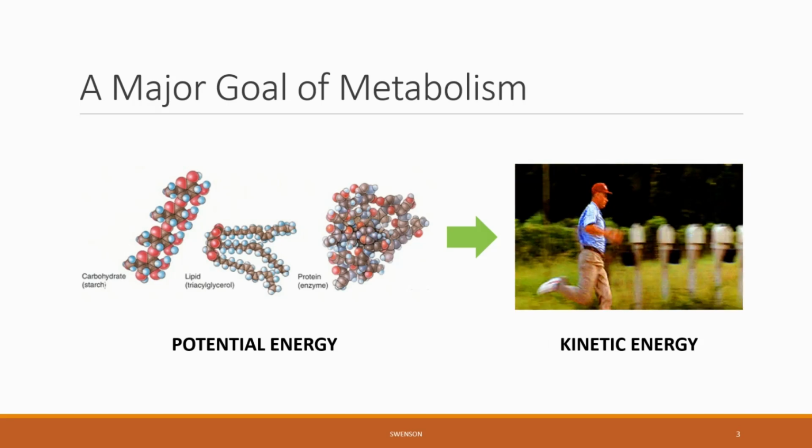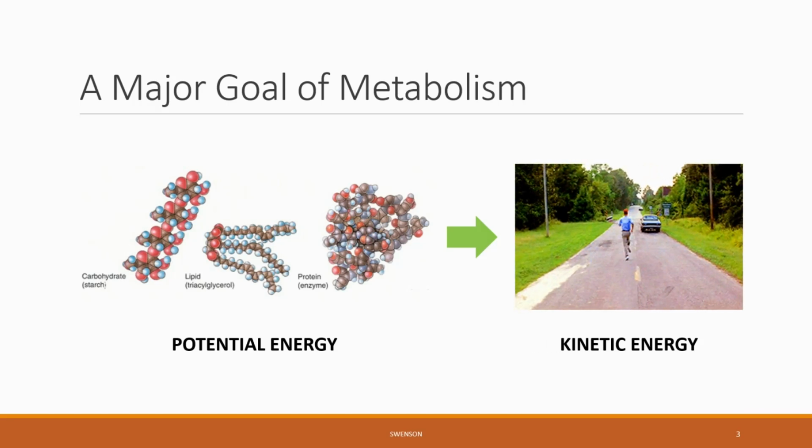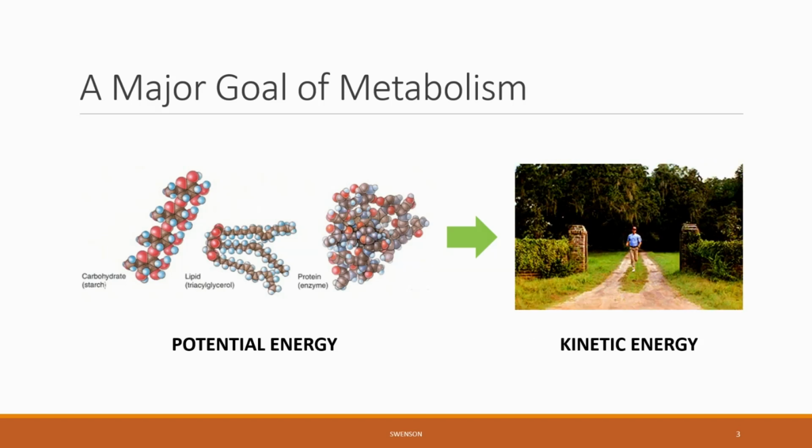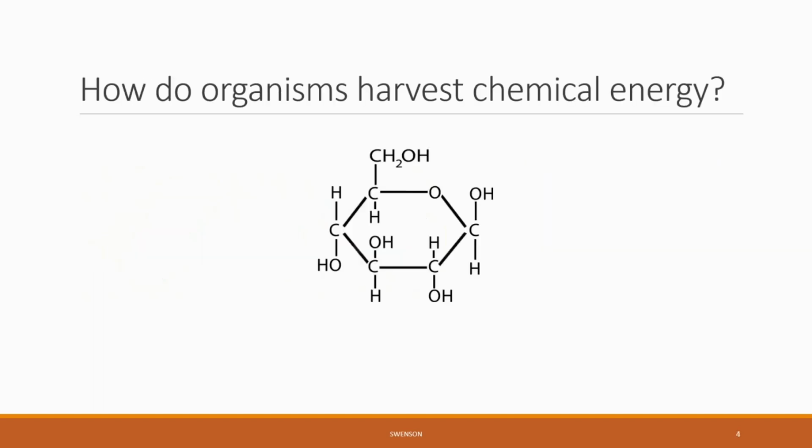The second would be to use this energy to do work for the cell. So, in essence, we are converting potential energy into kinetic energy. In the prior lecture, we discussed how organisms harvest chemical energy. This is namely done by breaking the bonds between atoms.